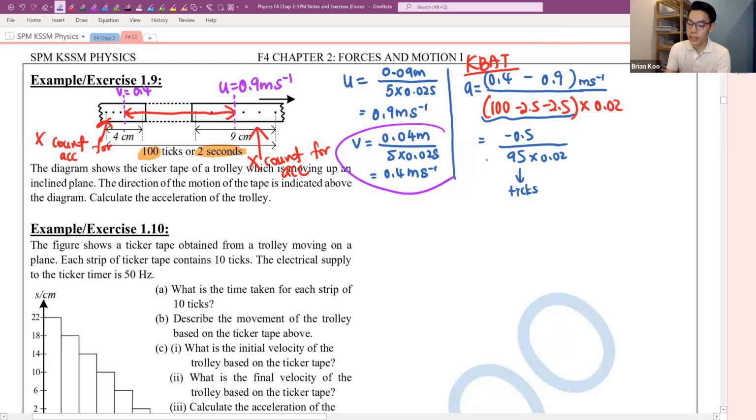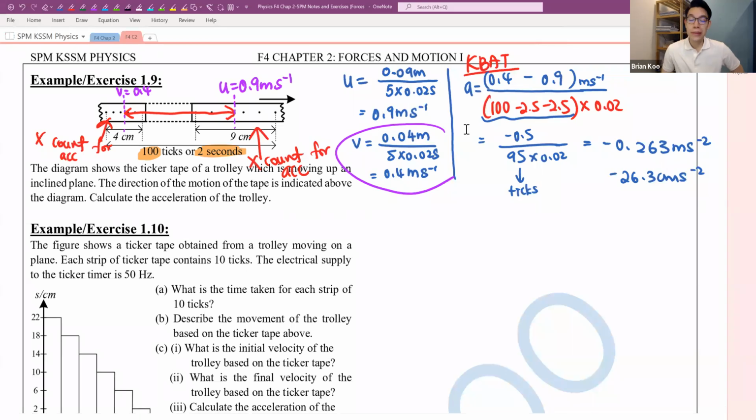So the final answer will become, not a very nice answer, negative 0.263 meter per second squared, or some of you may write negative 26.3 cm per second squared. Okay, can? Yeah.